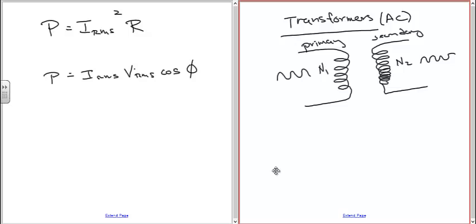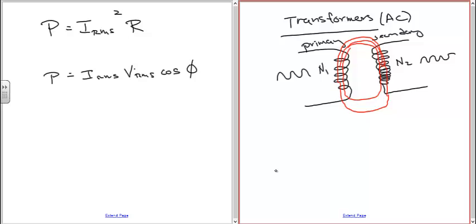You have this iron core that connects these two, and you get magnetic flux flowing through both. In this one, you're creating the magnetic flux change. In this one, you're inducing a changing voltage in the second coil.